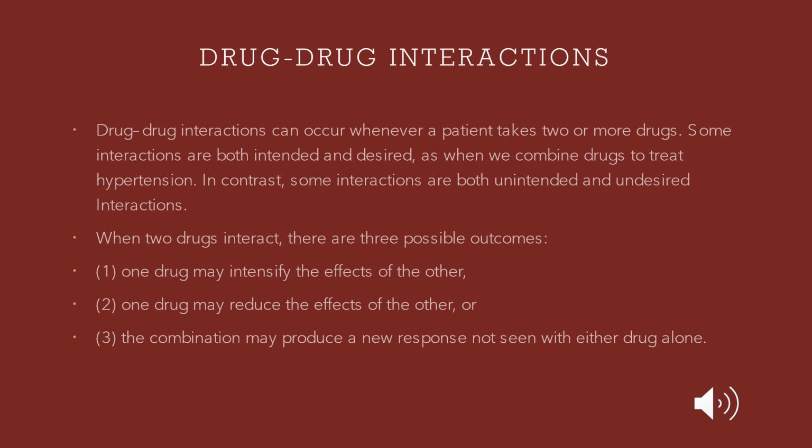When two drugs interact, there are three possible outcomes. Number one, one drug may intensify the effects of the other. Number two, one drug may reduce the effects of the other. And number three, the combination may produce a new response never seen with either drug alone. And I'm going to go into this in a little bit more detail in the next slide.